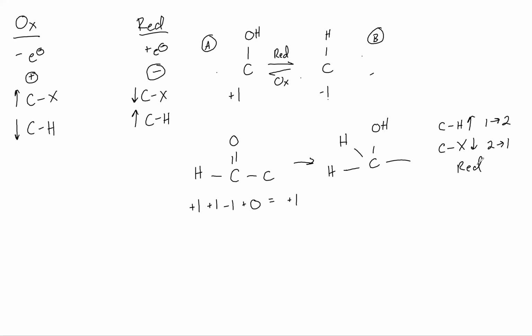If we look at the oxidation states, we have +1 for the one oxygen bond, -1 for this hydrogen bond, -1 for this other hydrogen bond, and +0 for the carbon bond, and we end up with +1, -1, -1. We end up with an oxidation state of -1. So we went from +1 to -1, a difference of -2. So we reduced, okay? Does that make sense to everybody?